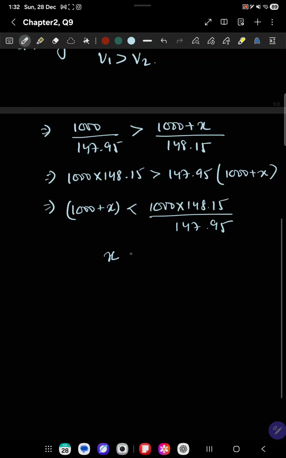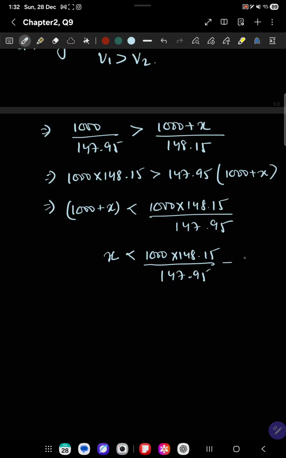And from here we can write x should be less than 1000 into 148.15 upon 147.95 minus 1000. So if we calculate this, x will come as less than 1.35 meter. This should be an approximate value.